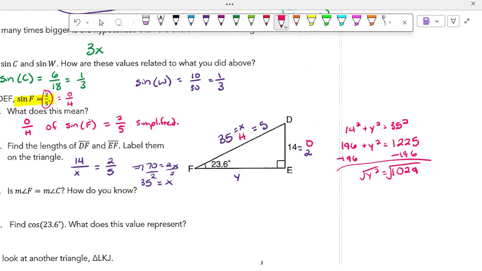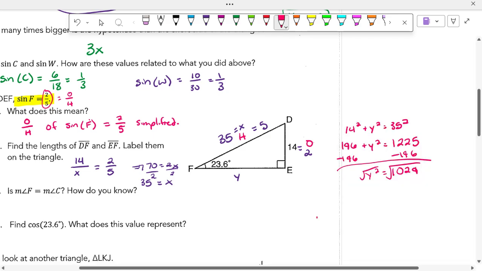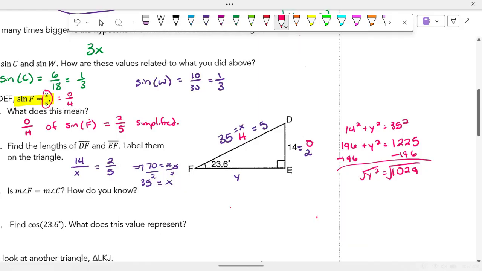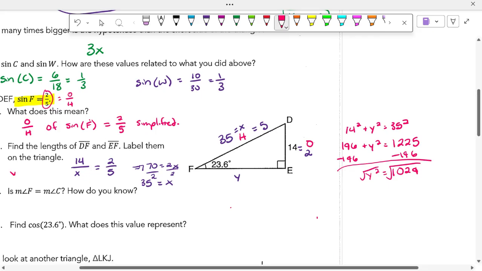If it's not, let's round to the nearest tenth. All right. So this would be... Sorry, my brightness went down on me. So y should be approximately 32.1.